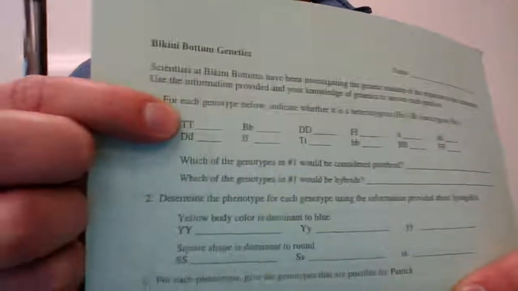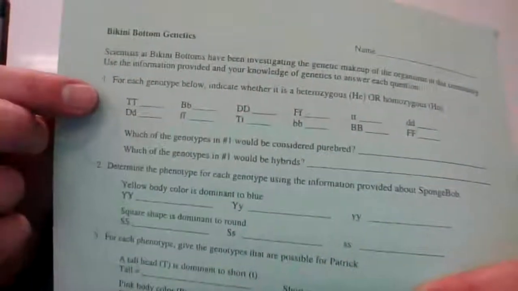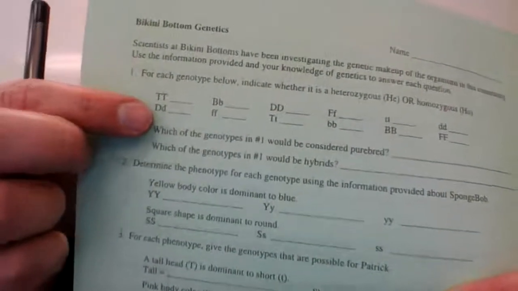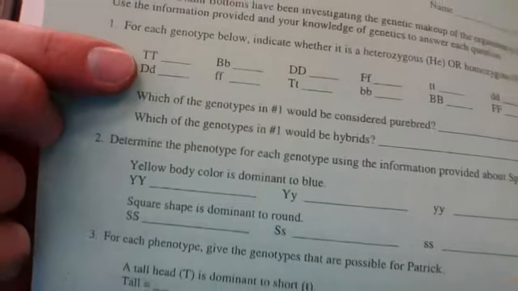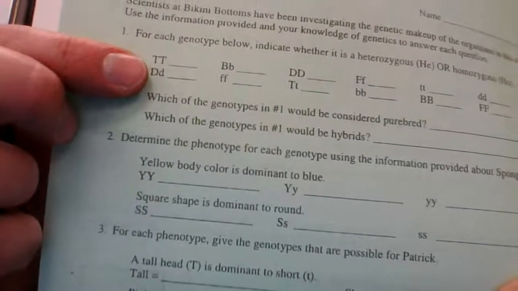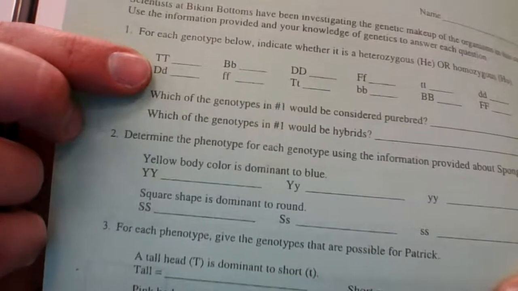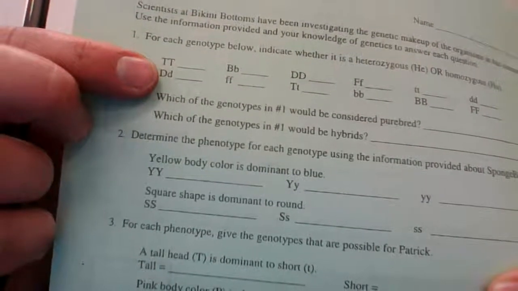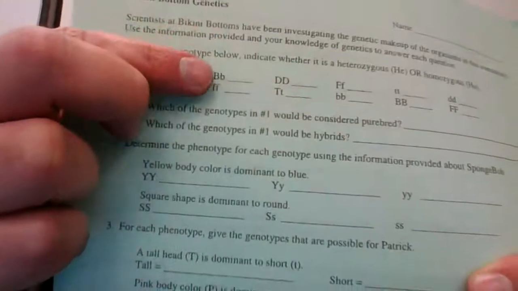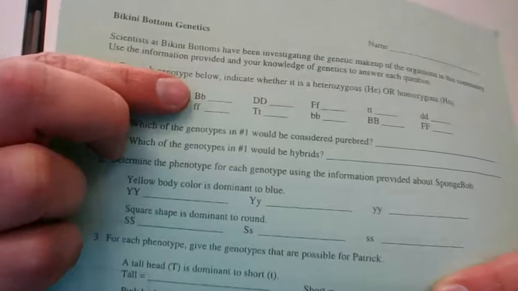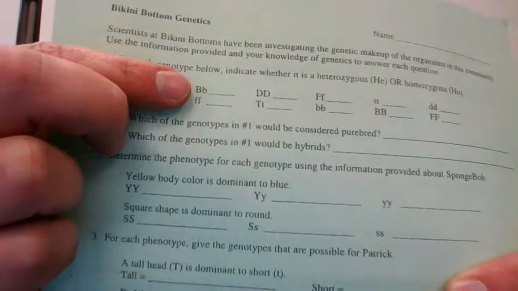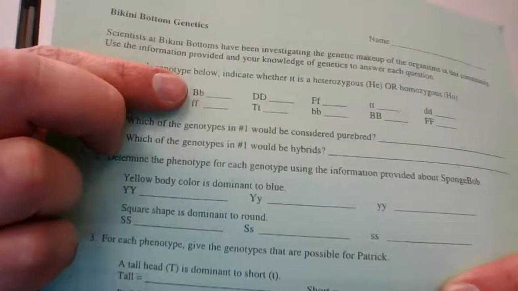Remember what we talked about. Go back and rewatch it if you need to. So I would write HO, whereas this one below it, capital D, lowercase d, they are different. One capital, one lowercase. One dominant, one recessive. That would be heterozygous. What would this one be? The big B, little b? That would be heterozygous.